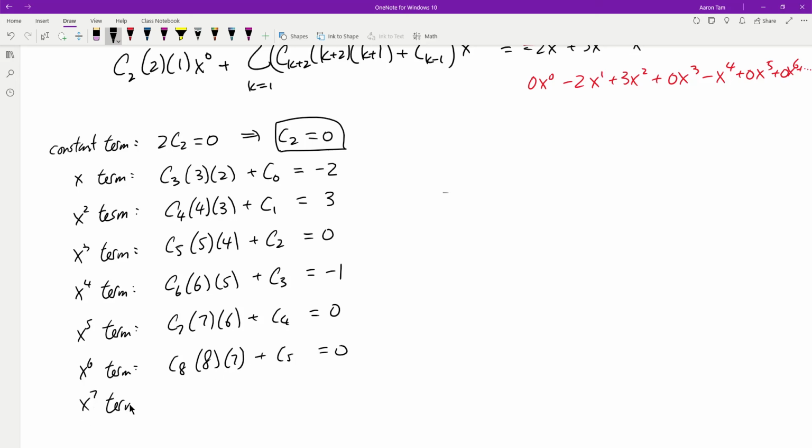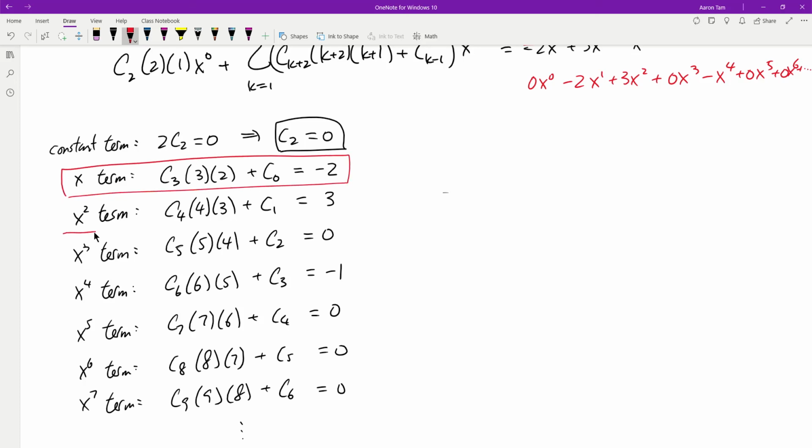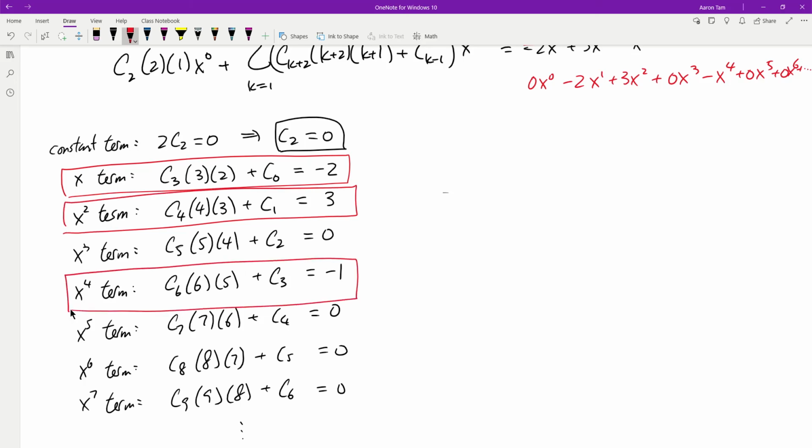Let's do one more, and then this pattern goes on forever. So notice that we have 3 equations that we have to deal with. And once again, what we want to do is make as many of them equal to 0 as possible and find the particular solution.